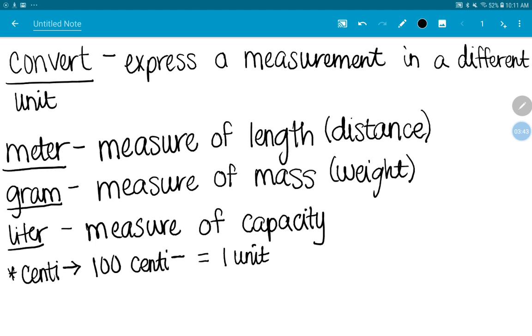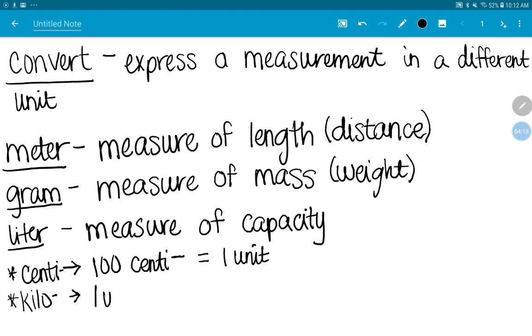What if I were measuring a super large amount? What would I use? Kilo. Okay. So we know that where centimeters or the prefix centi represents a small amount, kilo represents a really large amount, doesn't it? So how many base units does it take to equal 1 kilo unit? 1,000.